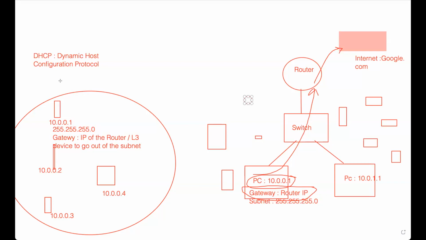So let's look into the 4-step process of allocating an IP address. Okay. Any questions till this point? So, DHCP server. Your router can also act as your DHCP server.